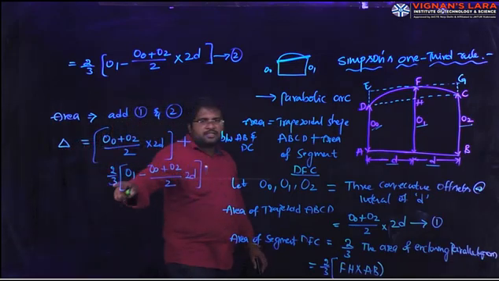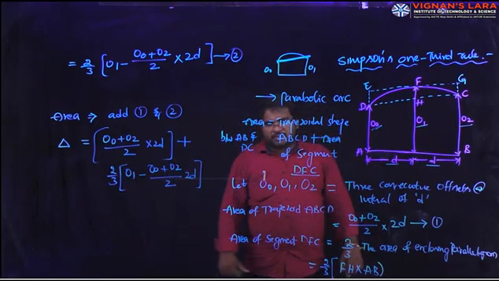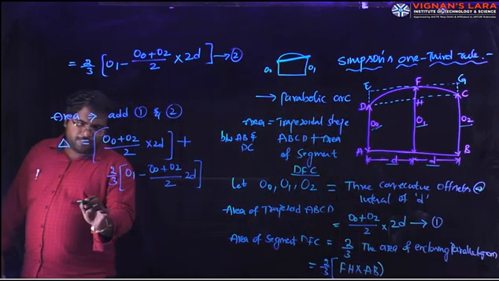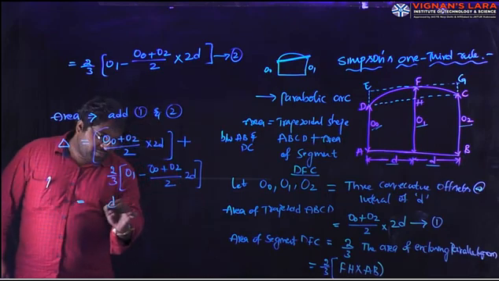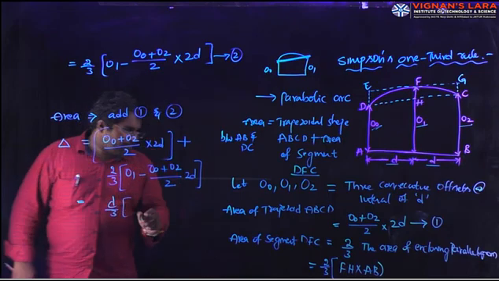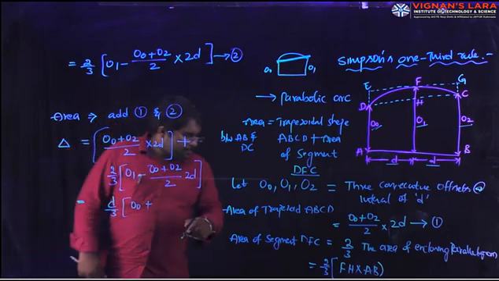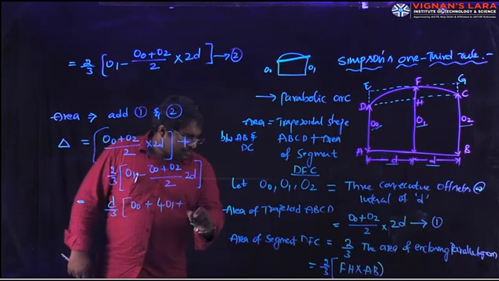This is the equation you are going to get whenever you are adding both equations. Once upon solving, I am not going into detail. After solving, we are going to get a value of D/3 into O0 plus 4O1 plus O2.